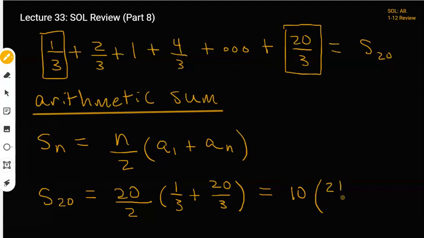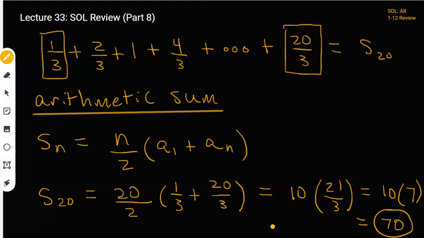So 21 over 3, that's actually 7, like you said. So I'm going to rewrite it as a 7. And then 10 times 7 is 70. That's my answer. So keep in mind, you're adding up all these numbers up here.